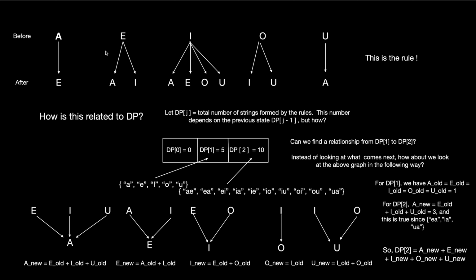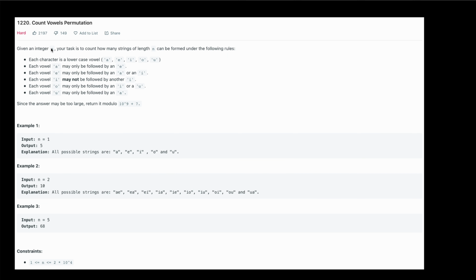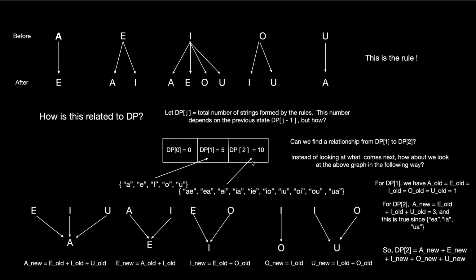So let's use an example. Here we are given n, so let's say n is equal to 2. Now there are 10 possibilities. So how do we go from these 5 choices to 10 choices?